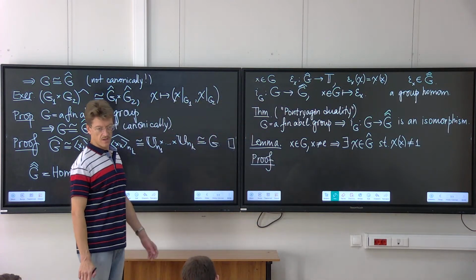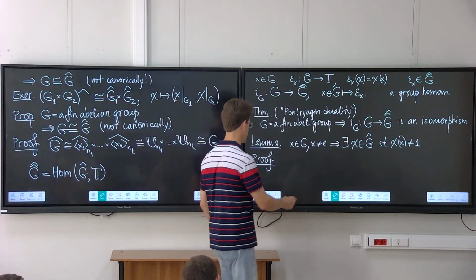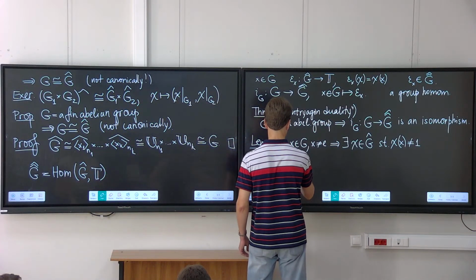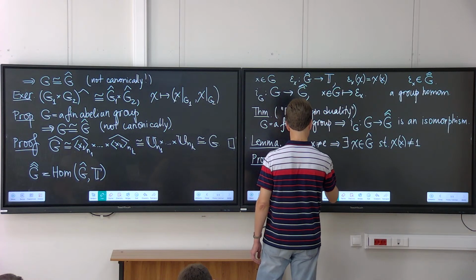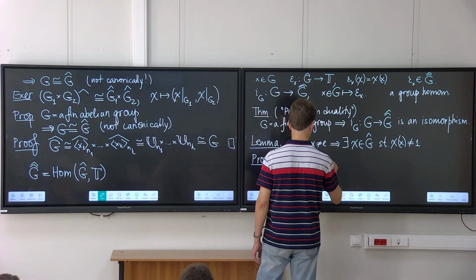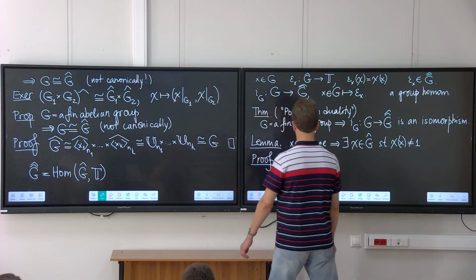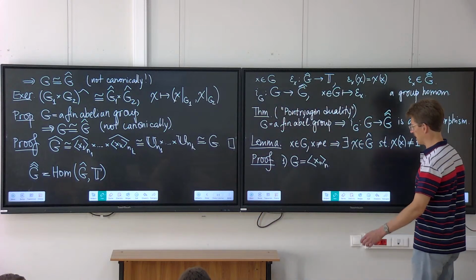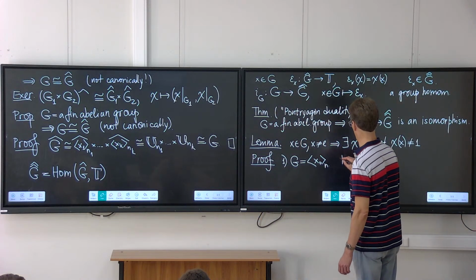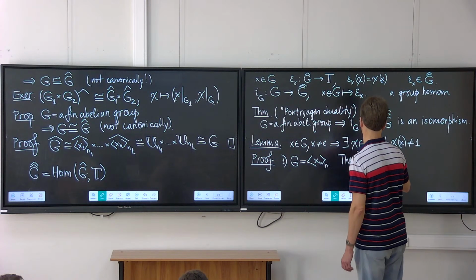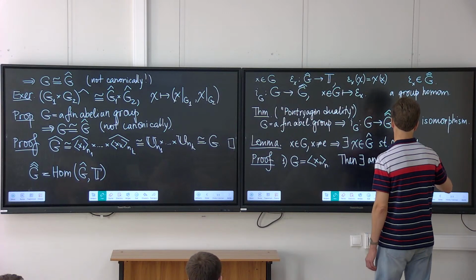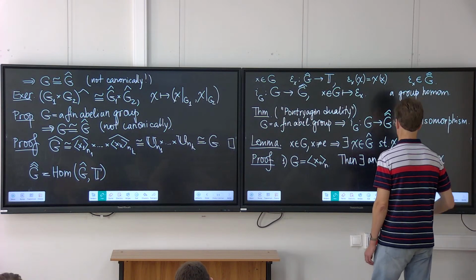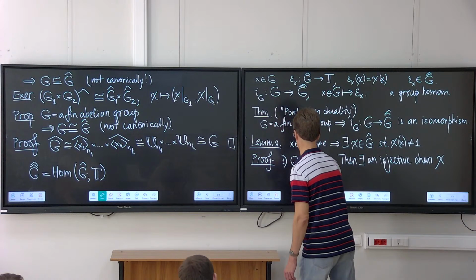Well, to prove the lemma, let's first consider the case where G is cyclic, and say generated by x0. In this case, we actually have an injective character chi given by the following formula.